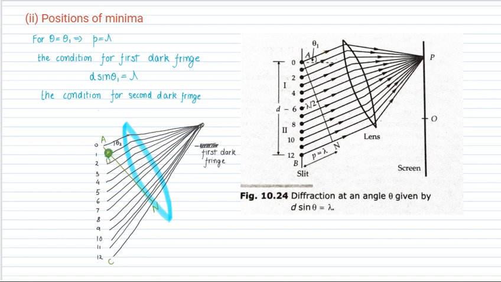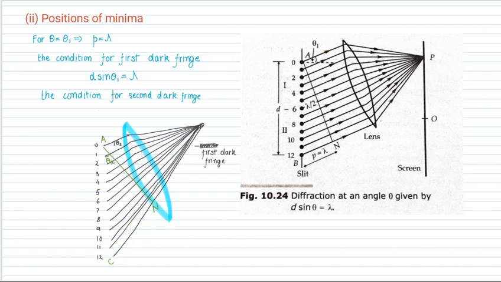Theta 2. In such case, the extra path traveled, this distance, will be how much? It will be twice of lambda. This is two wavelength.